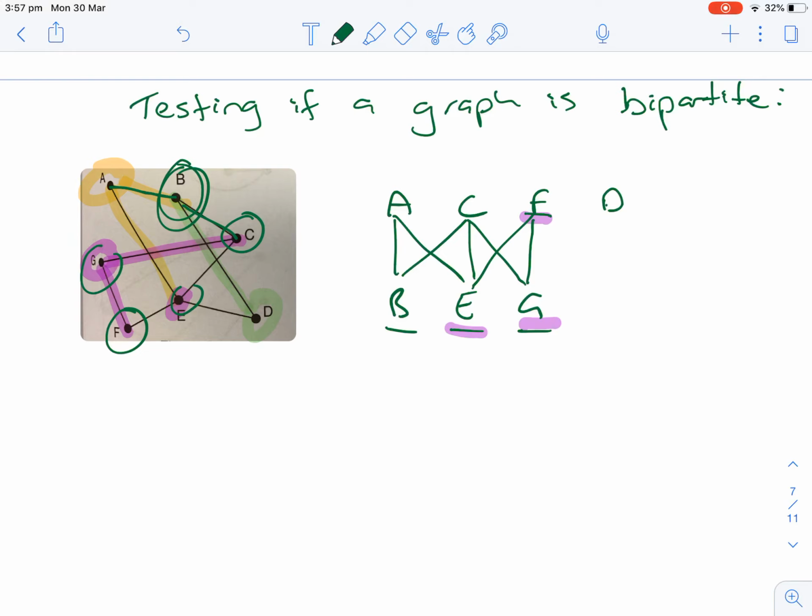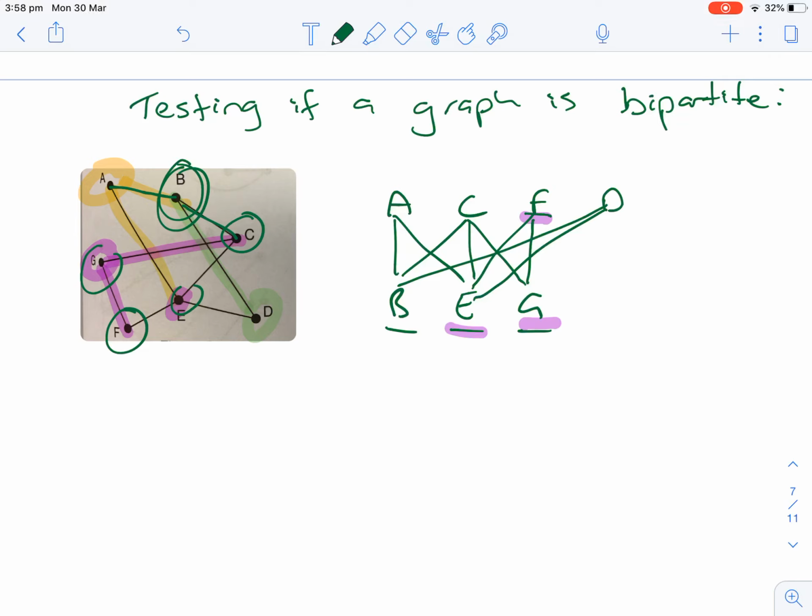So that was D and B. D also connects to E, so E would have to be on the opposite team, which it is. And that's it, D's only got those two connections. So we can see here that did work out, and that was in fact bipartite, and the picture that I've drawn would be the redrawn version of that to make it more obviously bipartite.